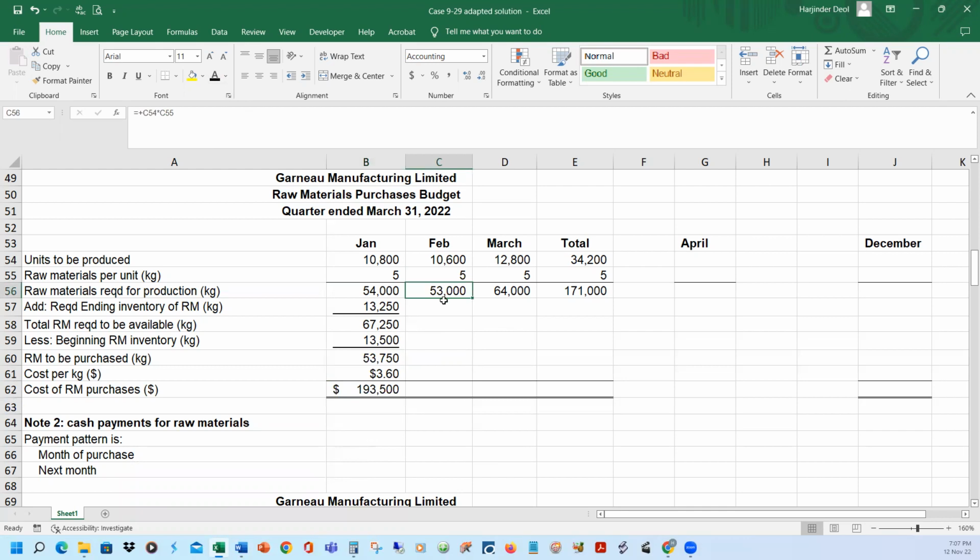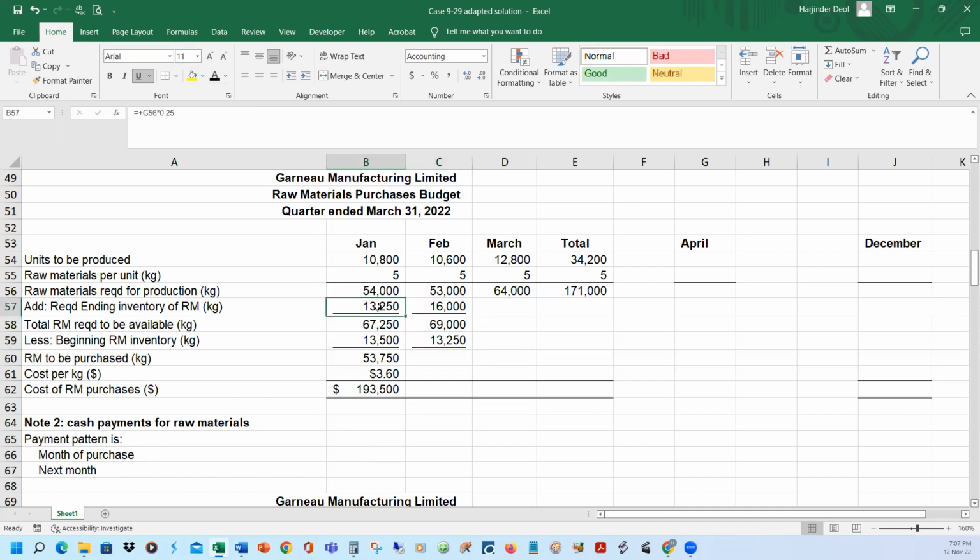February, we need 53,000 kilograms for actual production in February, but we also want to make sure that we have on hand 25% of the inventory required for production in March, which gives us 16,000 kilograms. The total is 69,000 kilograms of raw materials required to be available. We will have on hand 13,250 kilograms.